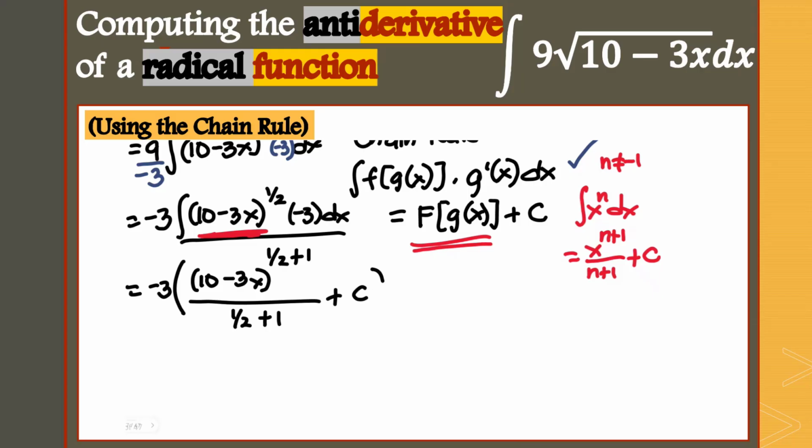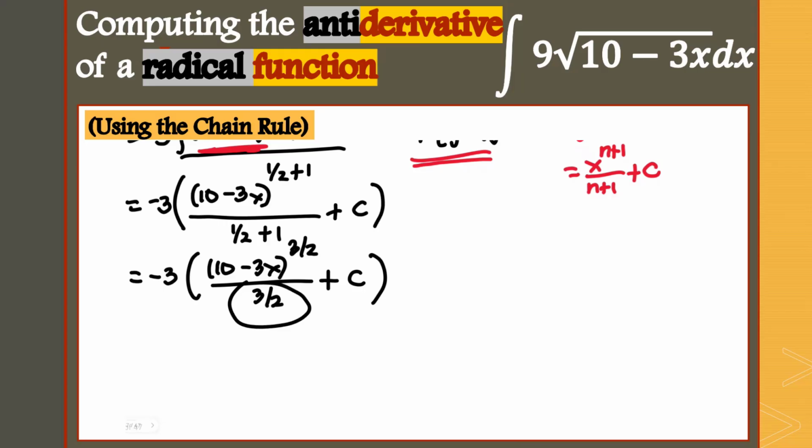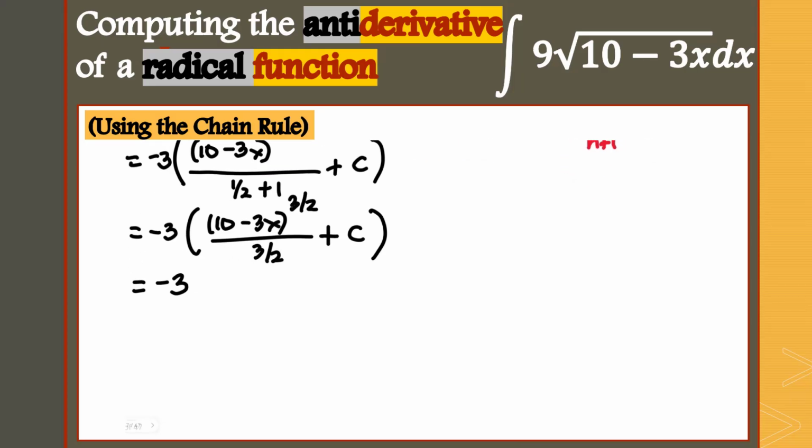Plus your c. Let's simplify first the grouping symbol. So negative 3, you have your 10 minus 3x to the 3 halves over 3 halves plus c. We have a fractional denominator. Take its reciprocal. You'll have your negative 3 times 2/3 as we take the reciprocal, 10 minus 3x to the power of 3 halves plus c.